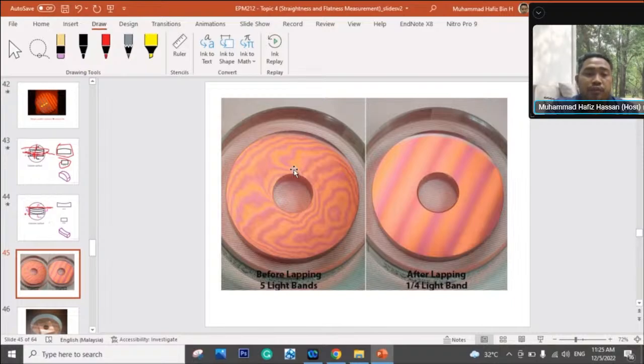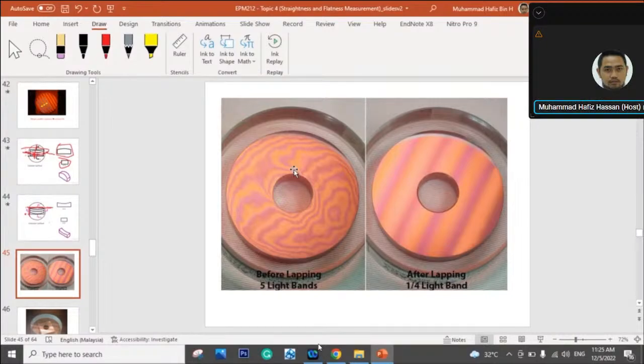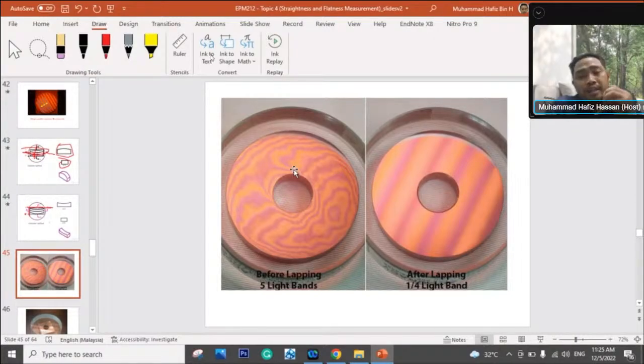Before lapping, they have 5 light bands when observed. After lapping, about 1.5 light bands. This means we can instantly identify the flatness of the surface by using this optical flat and calculating how good the surface is.